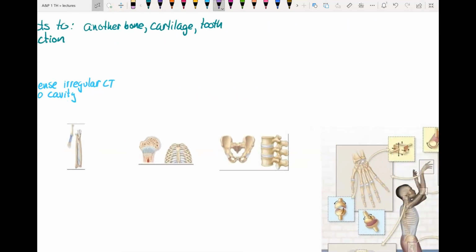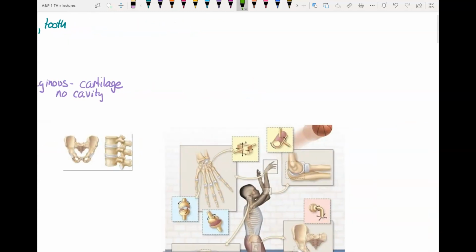Our next type is the cartilaginous. These are made of cartilage, and they also have no cavity. And the third one is synovial.